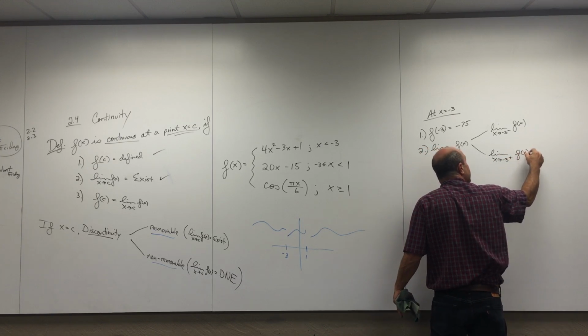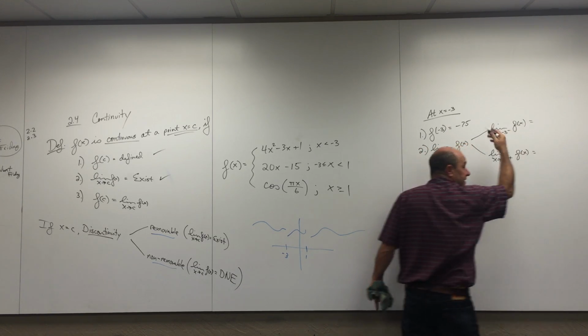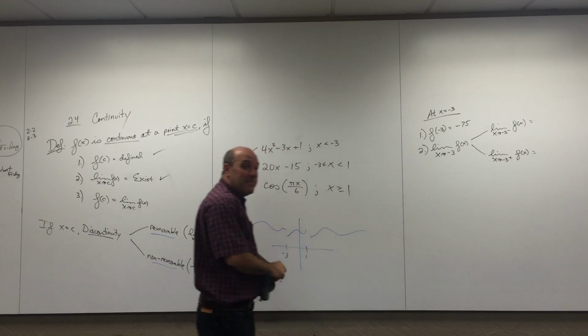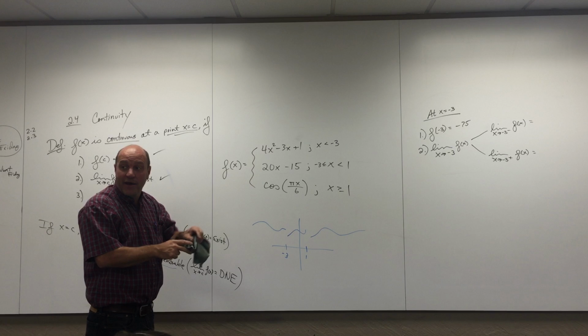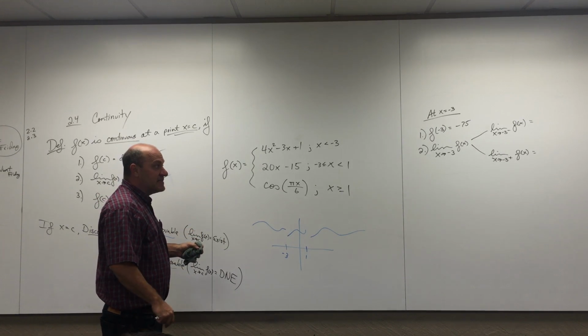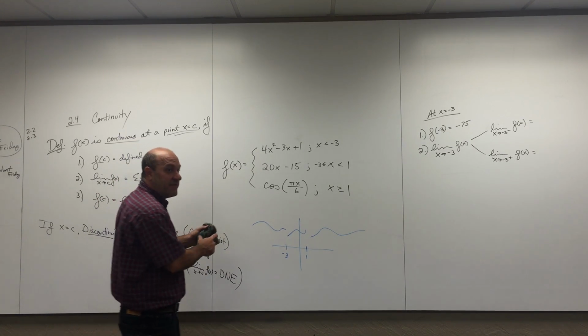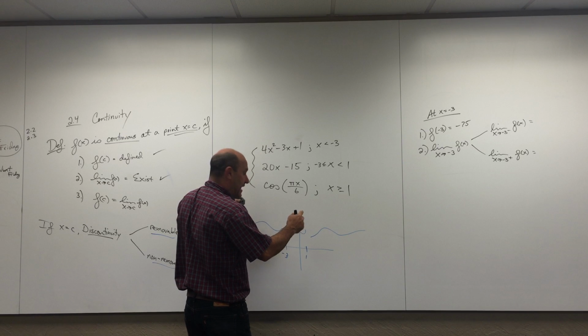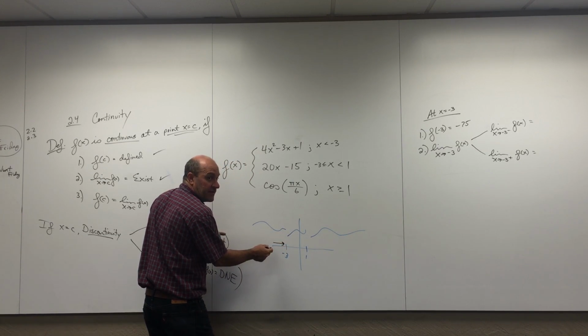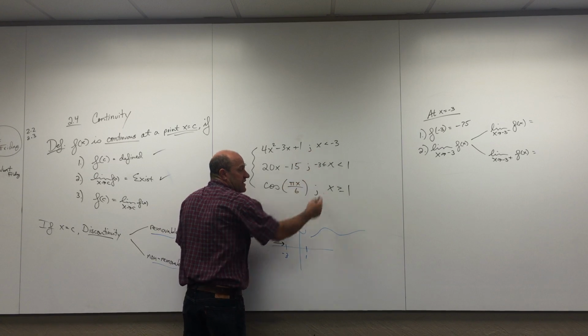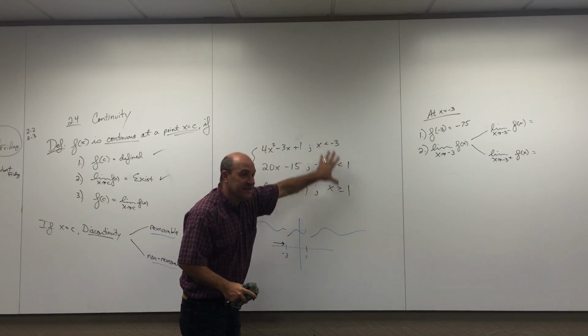It's a lot of writing, but it's clear, I hope. Here I go. As I approach -3 from the left, that means I'm less than -3.